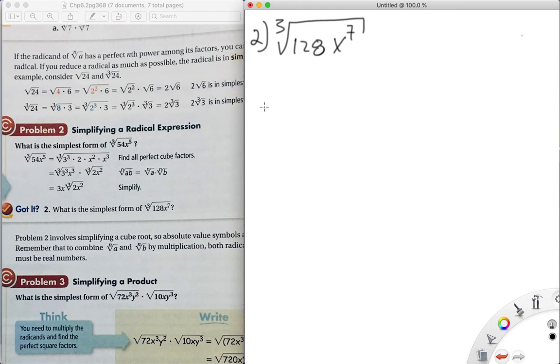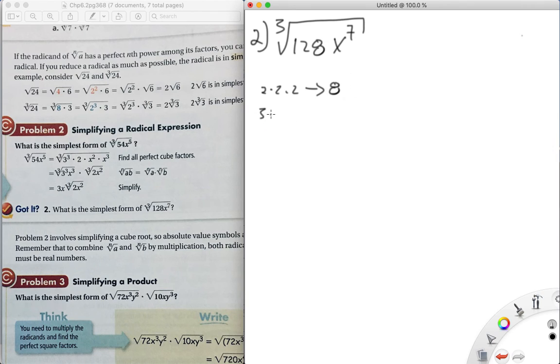So I have to think of three numbers that I can multiply to get a number that I can factor out from 128. So if I try 2, right, 2 times 2 times 2, that gives me 8. And can I divide 128 by 8? Yes, I get 16. So that's a contender.